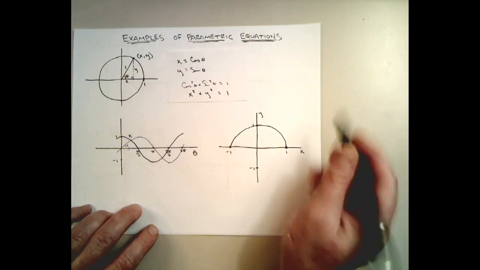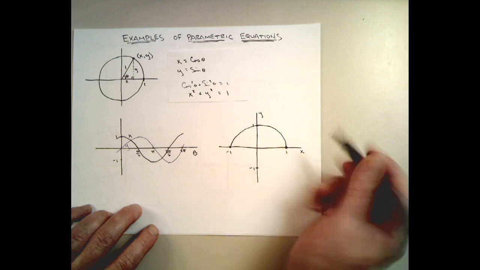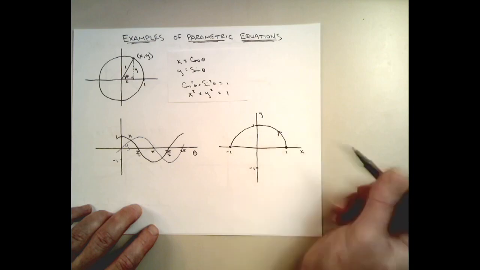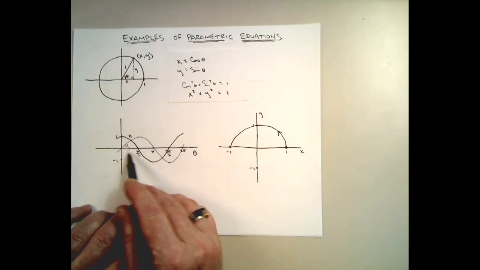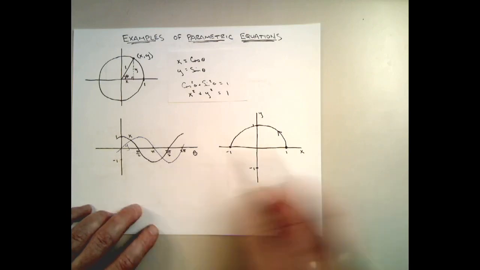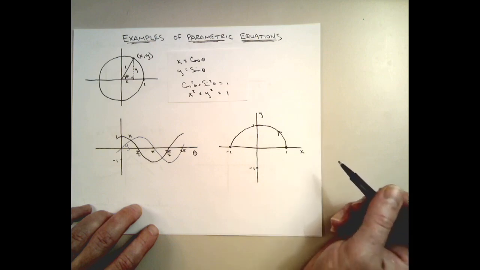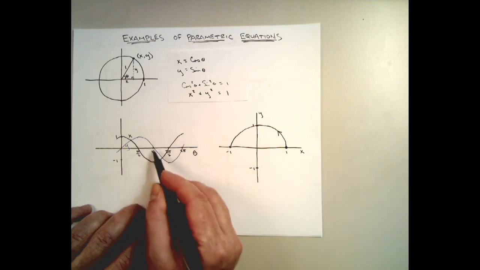Now, another thing I want to point out is whenever we draw the graph of parametric equations, we typically indicate the direction of motion that we're moving in as the values of our parameter increase in value. So I'm going to put a little arrow on my graph to indicate that direction. Continuing on, we're at pi right now. Theta is pi.